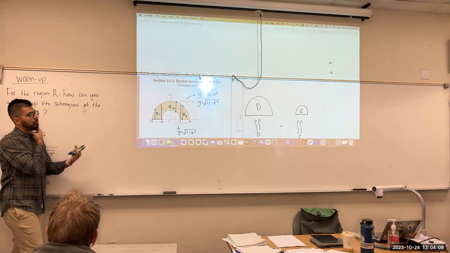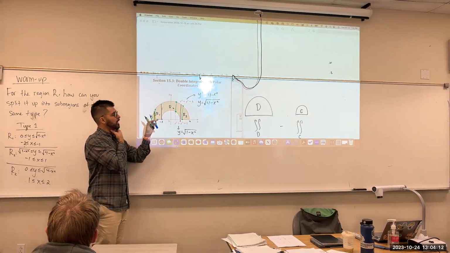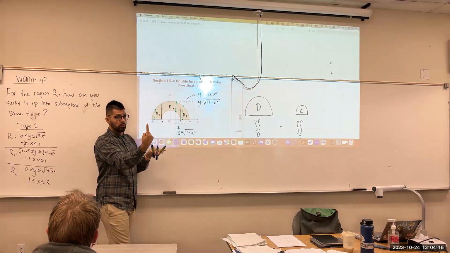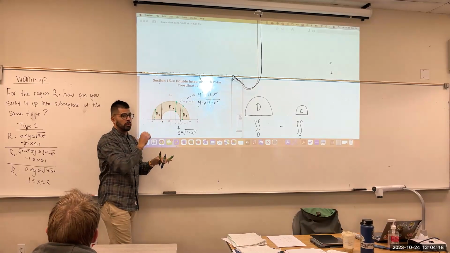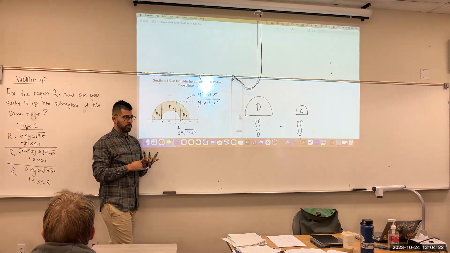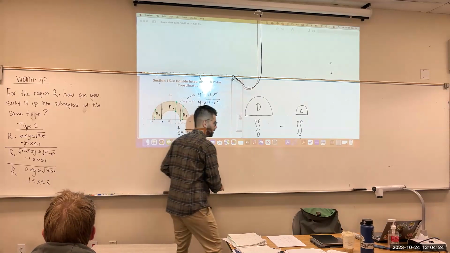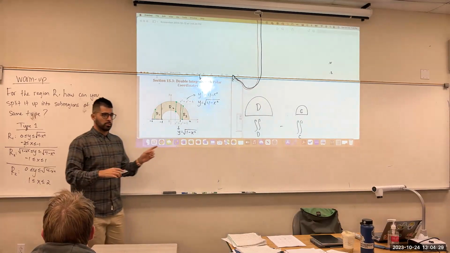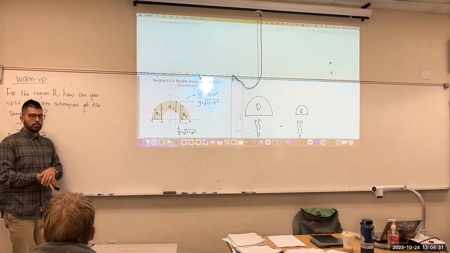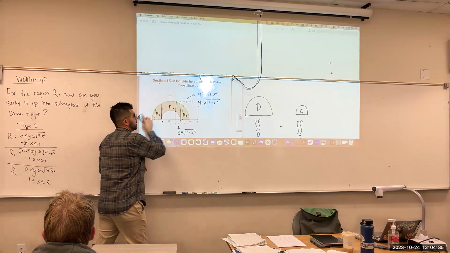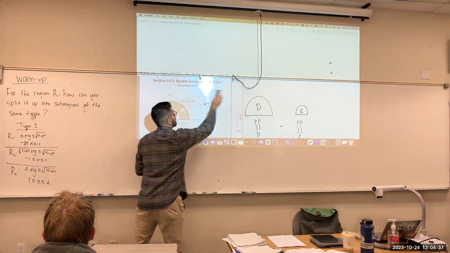So what we're going to do today is learn how to use polar coordinates so we can do one integral using this region, and the bounds are actually just going to be numbers. That's why we're going to do this, to make it a lot easier for ourselves. Any other questions? All right, let's see how we're going to do this.